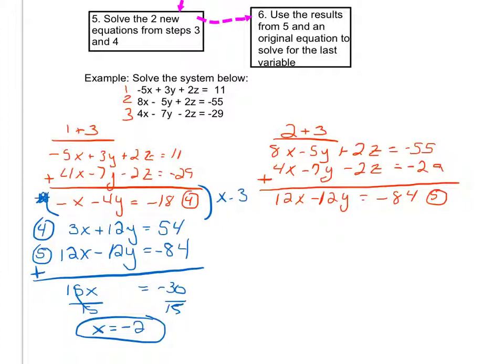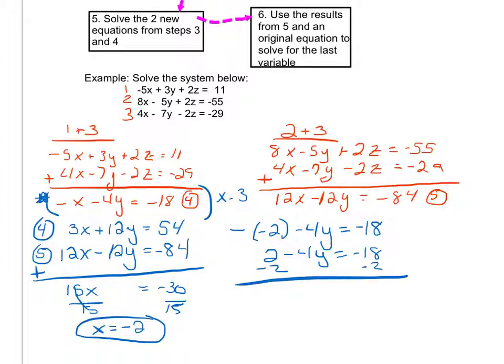So using this equation, I will have negative 2 minus 4y equals negative 18. Well, that means negative 4y equals negative 16, or y equals 4.